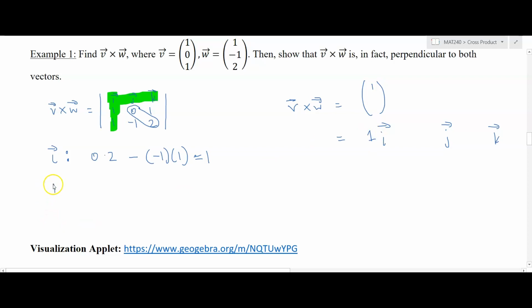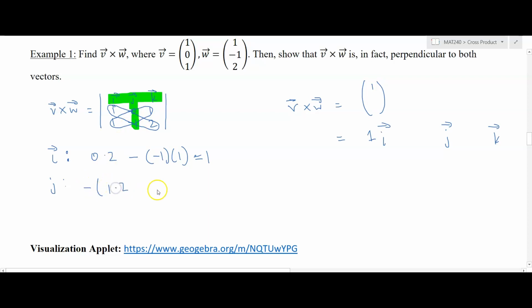To get our J component, we're going to do a similar process. We'll take away our crossed out I column, and now we'll go ahead and cross out our J column. So there's our J column, there's our J row. The resulting values will be 1 times 2 minus 1 times 1, and it's going to be the negative of that.